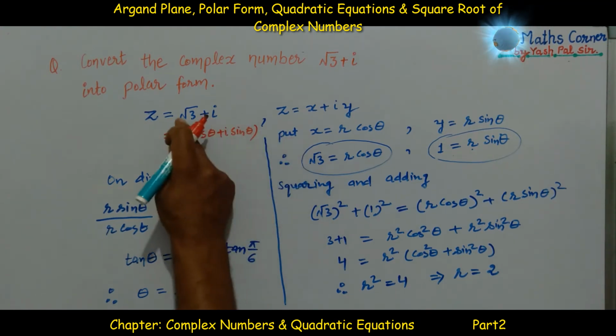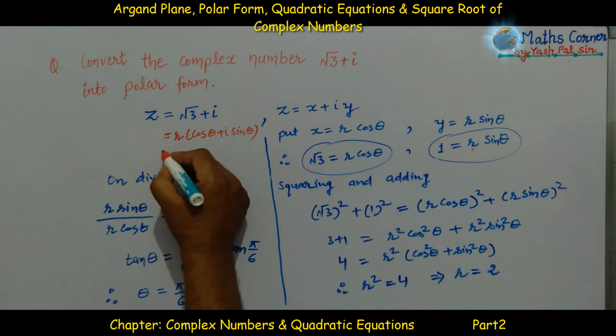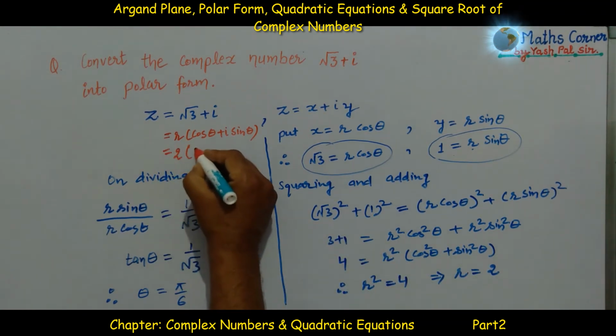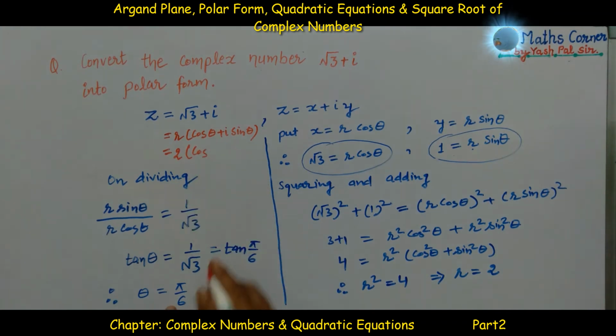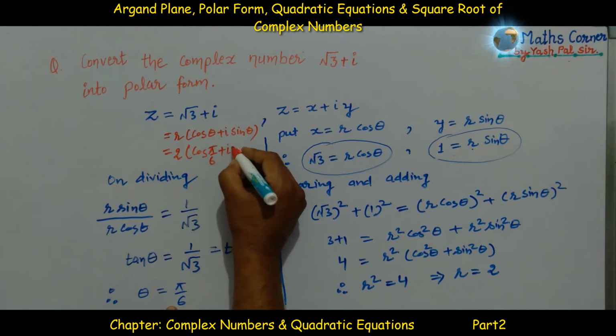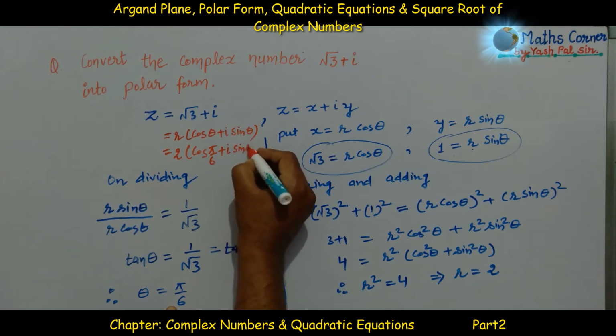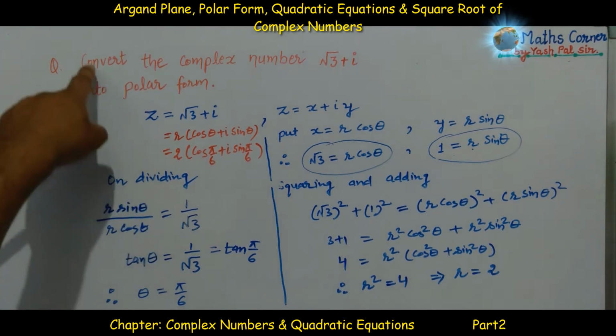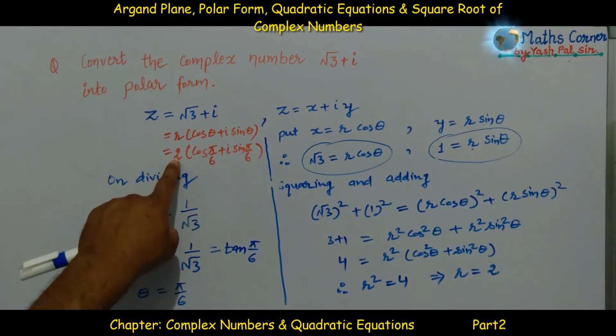This was the given complex number. So the value of r is 2 into cos of pi by 6 plus iota sine of pi by 6. This way we can convert the given complex number into polar form.